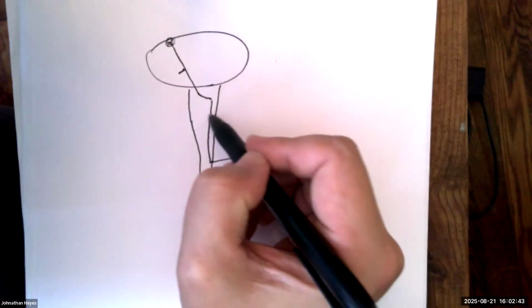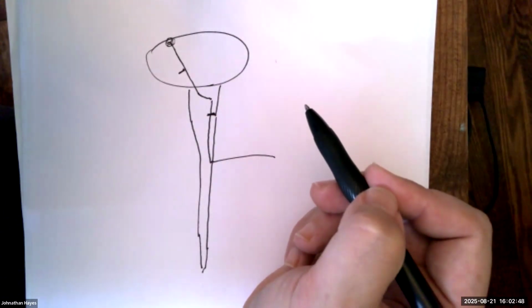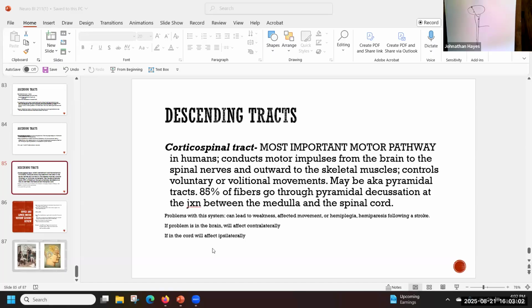But if I have a lesion right there, you're going to have contralateral problems. I did put that in the notes for you because it really just depends: did it happen prior to or after decussation? So when you get hemiparesis, if problems occur in the brain, it will affect the contralateral side. If problems occur in the cord, it'll affect the ipsilateral side.